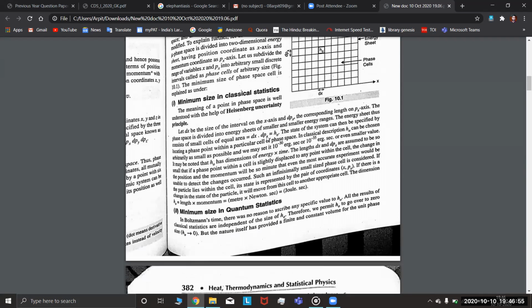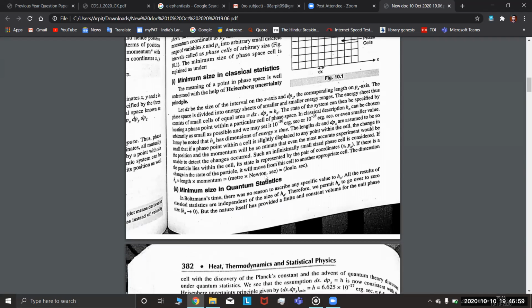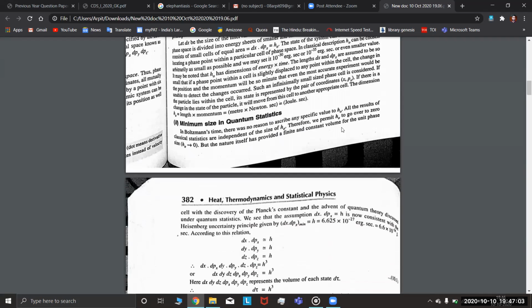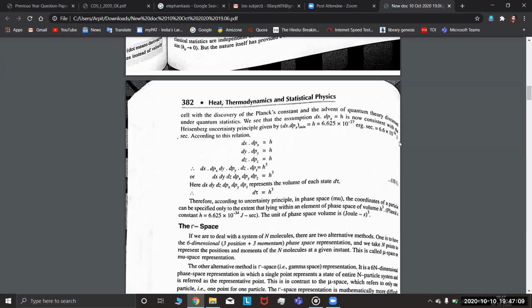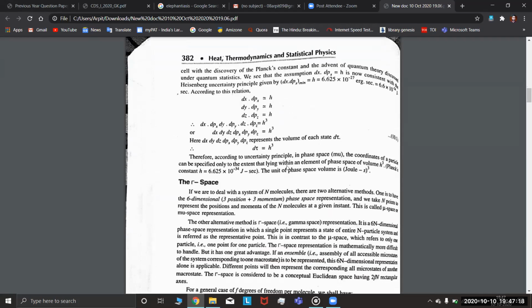Now, minimum size in quantum statistics. Let's see. The very same thing is written; we can glance through it. This is in erg seconds, so 10 to the minus 27, which in joule second is 10 to the power minus 34. They have actually defined the volume of a phase cell.